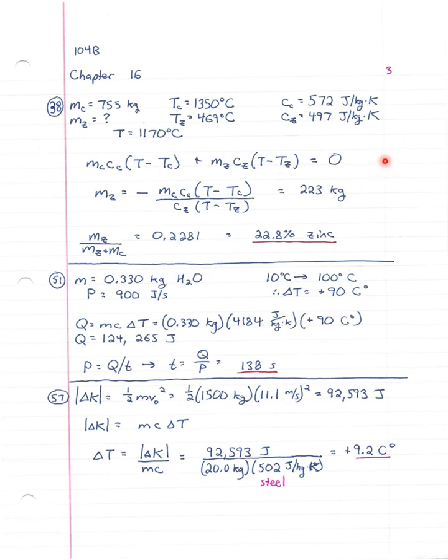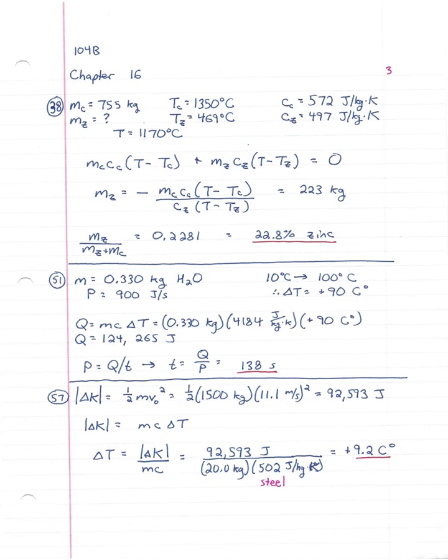So you see it as it's written in this line, equals 0. We know all of those terms except for mass of the zinc. So let's use algebra to solve for mass of the zinc. We're going to subtract away M_C C_C (T minus T_C). I've subtracted that away, and then I've divided by the thing that is multiplied.